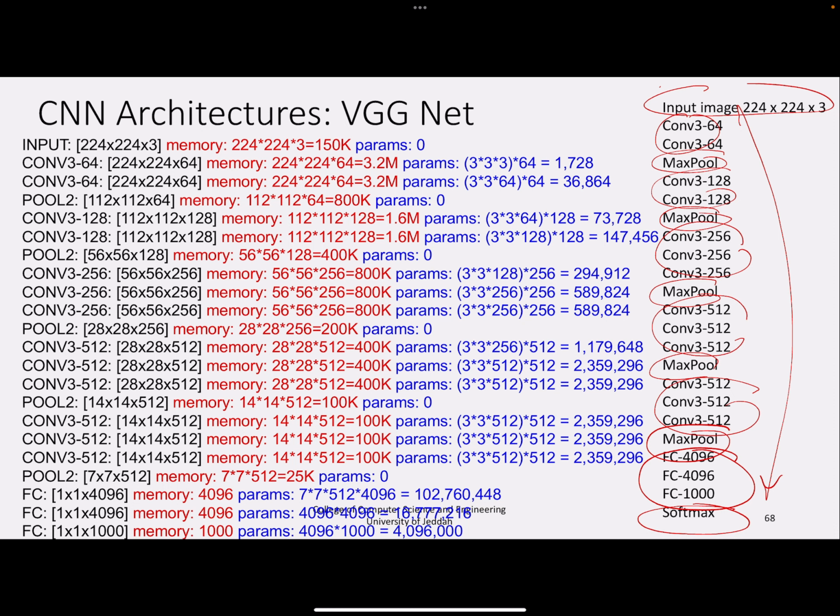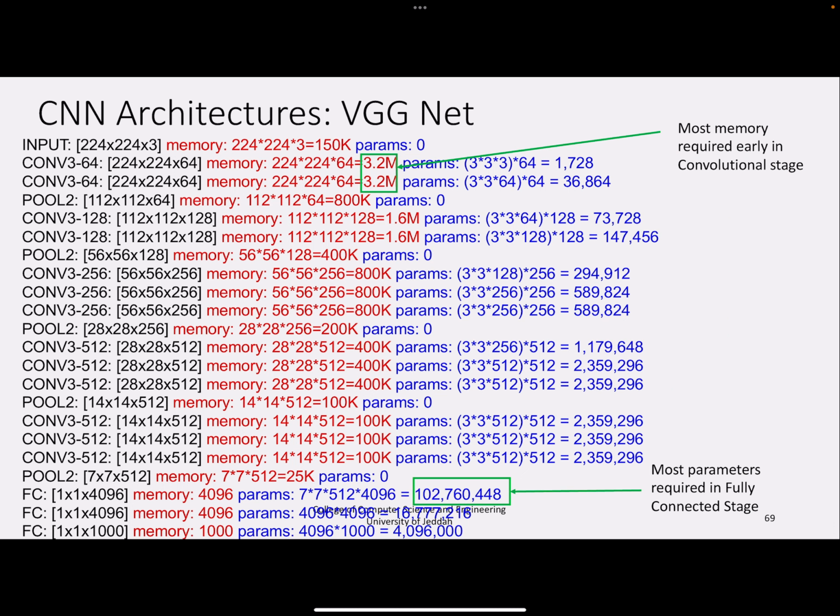The thing to pay attention to here is why the number of neurons starts reducing very early on. Pay attention to the memory requirements of each layer. Those are these fields in red: 3.2 megs, 3.2 megs, then going down to 800K, 1.6 megs, 800K, 200K, 400K, 100K, 100K, down to 25K, then down to 4K, and then just down to 1,000 parameters.